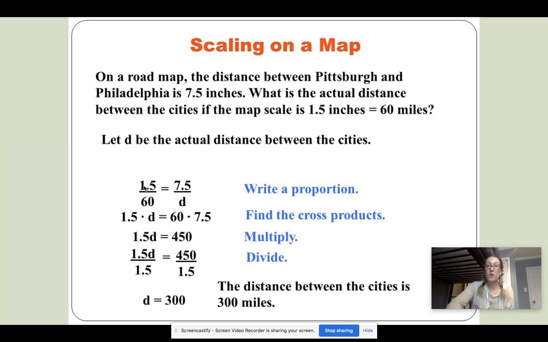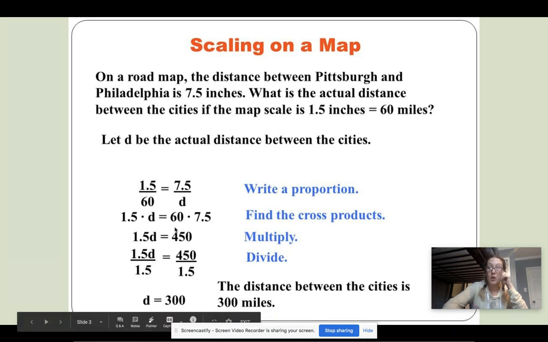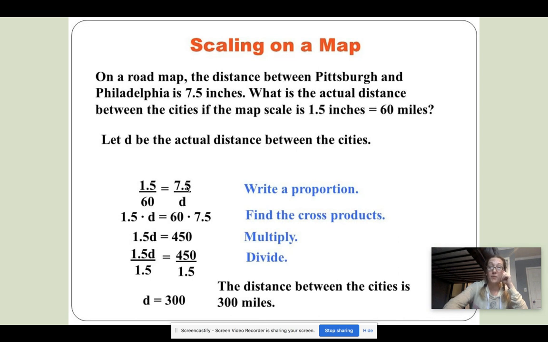What you also notice is it says the distance on the map is 7.5 inches. Well, if inches is on the top of your proportion on your left-hand side, it must be in the top of your proportion on the right-hand side. So that's why that 7.5 is over on the right-hand side.